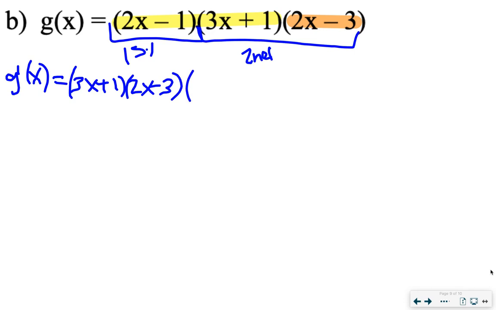which is just 2, plus my first, 2x minus 1, d second. So for the derivative of my second, I've got to take the product rule again.